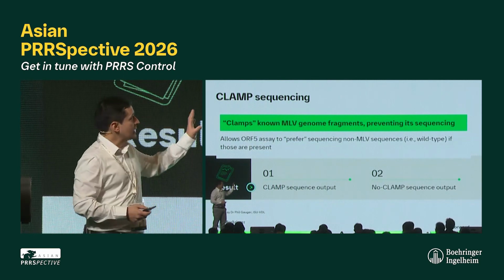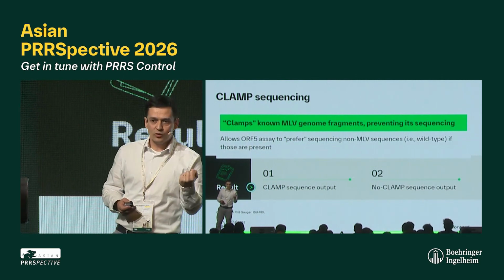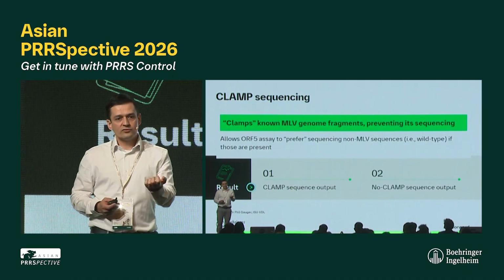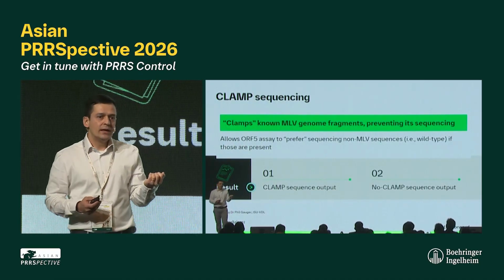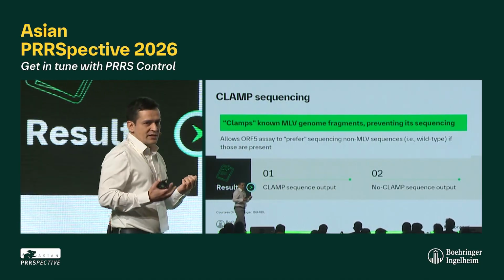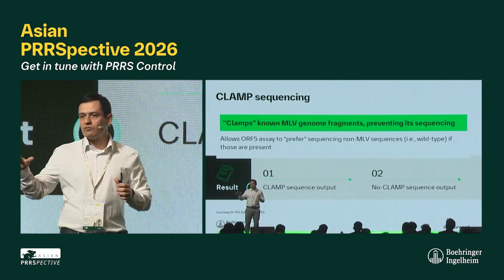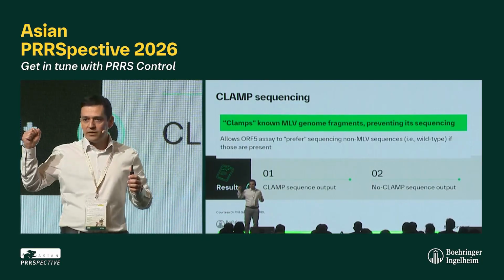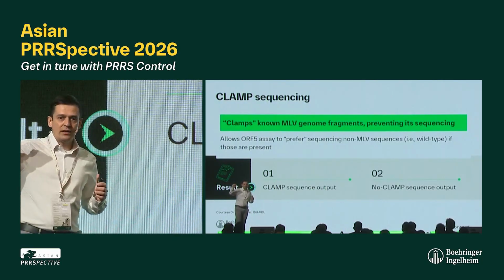The clamp sequencing is going to be specific to the vaccine that you're using. So if you're using Injovac MLV, you're going to choose the clamp sequencing for Injovac MLV.